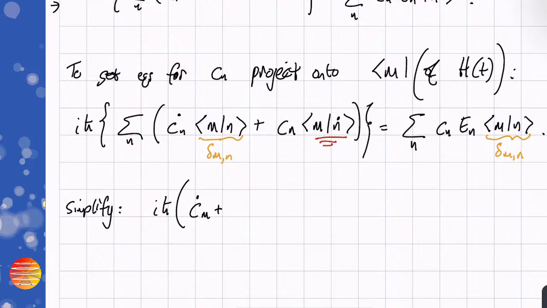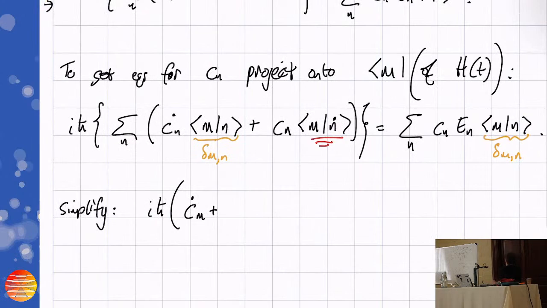Now, what we're going to see is this term only survives when m is equal to n. Same with this term, only survives when n is equal to m. So I'm going to extract out the term whenever I have m equal to n. So the coefficient will be Cm ⟨m|m dot⟩. That's going to be a term on its own. And then I'm going to leave the sum over everything where m is not equal to n. And that's where all the interesting physics comes in.